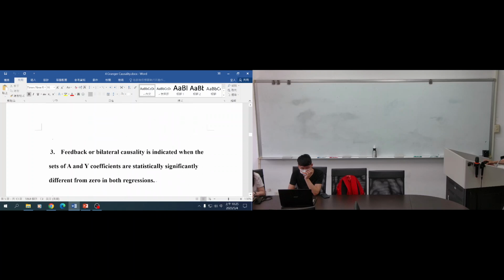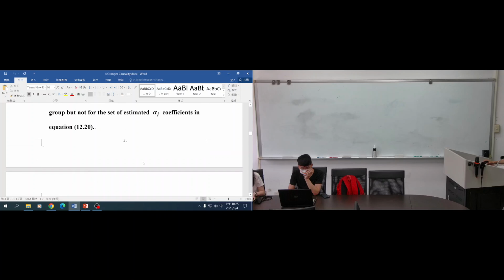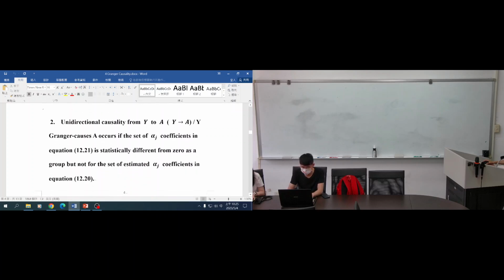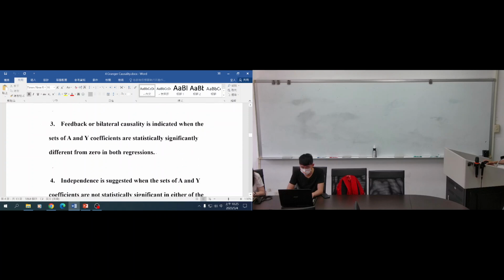Okay, so what does Granger causality mean? About these 4 cases, the first, second and third, either one of them can be the Granger causality for the other variable. Among these 3 cases, 2 can be identified as Granger causality. But you have to know which one precedes which one.